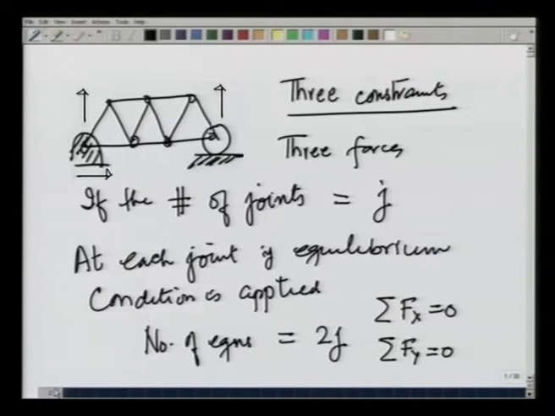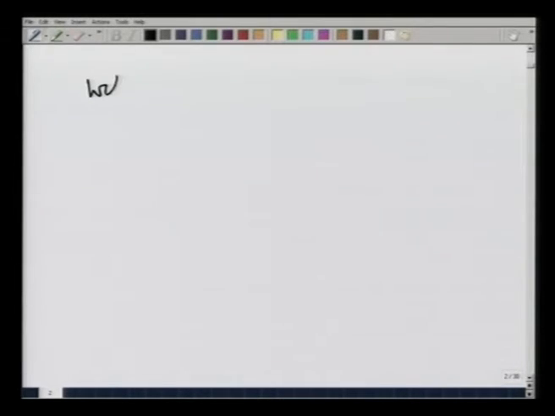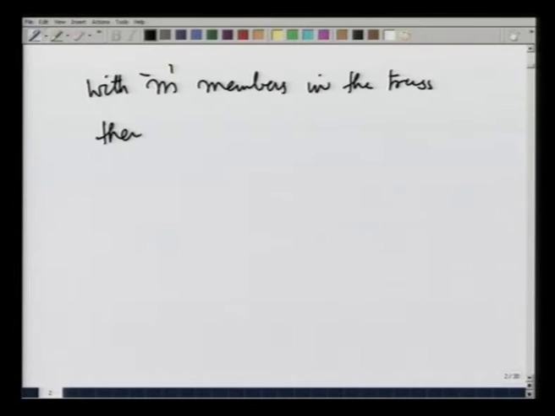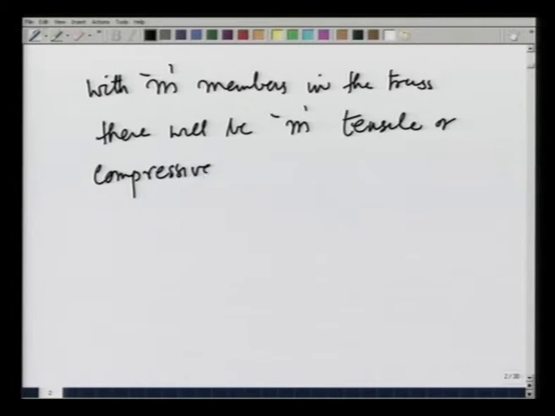And as we saw earlier, with m members in the truss, there will be m tensile or compressive forces.